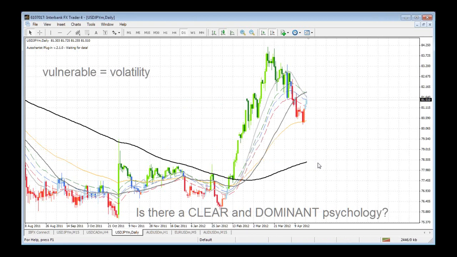So if I know that a fresh downtrend is vulnerable, and a vulnerable trend is subjected to the kind of volatility that comes with people shifting their opinion at different stages of a change, again, kind of using that shift from 2012 to 2013 and how quickly we can stop writing 2012 on everything and how long it takes us to adapt to 2013, shifts in the trend are the same way.